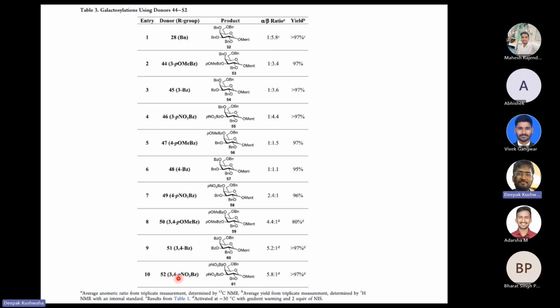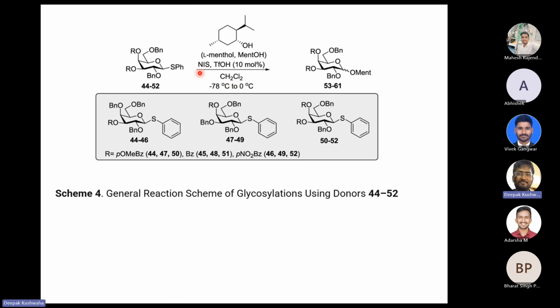In the last, they kept the para-nitrobenzoate group at both the C3 and C4 places, and they found that in that case they got the maximum alpha to beta selectivity. But the problem in this experiment is that here they are using NIS and triflic acid from -78 to 0 degrees Celsius.